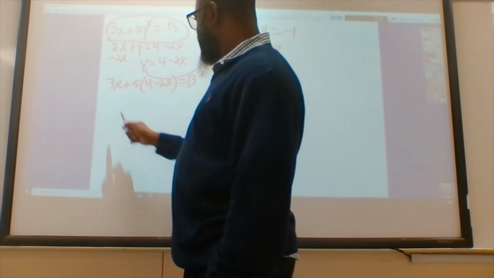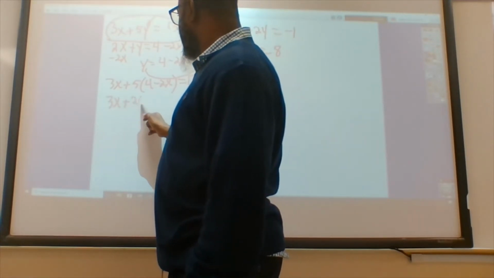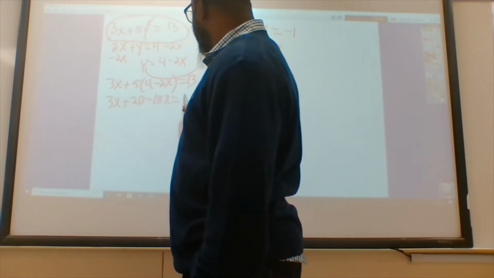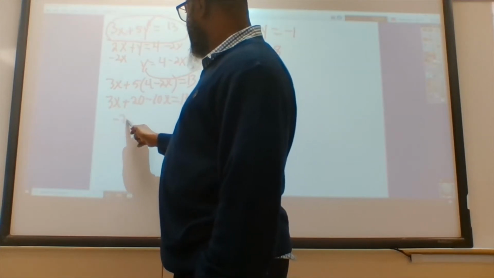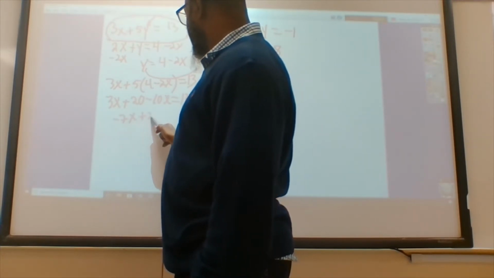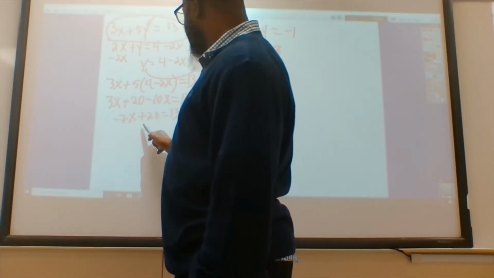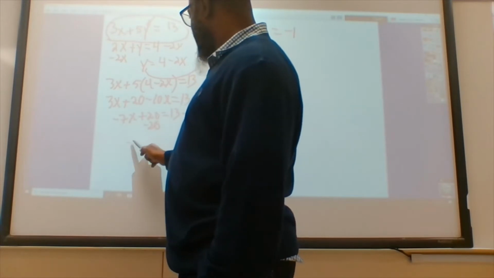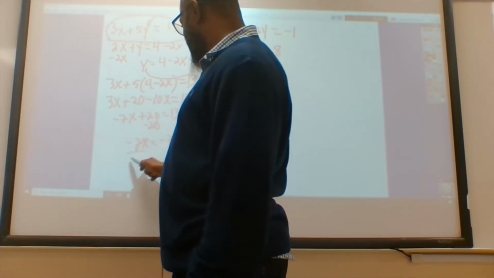Then I will have 3x plus 20 minus 10x is equal to 13. Combine like terms, that will give you negative 7x plus 20 equal to 13. We'll have to subtract 20 on this side, and we'll have negative 7x is equal to negative 7, divided by negative 7.